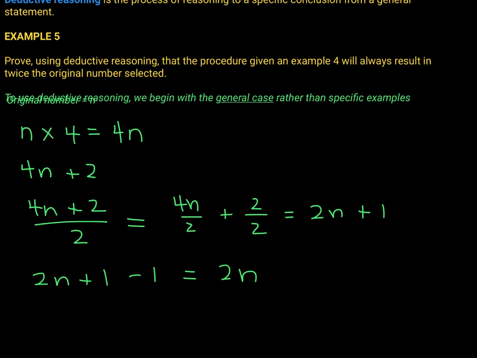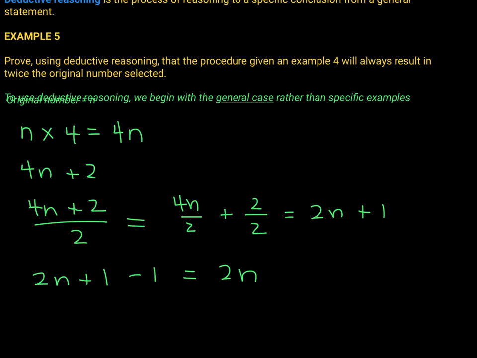So no matter what number you select, for this procedure, the result will always be 2n, or twice the original number selected. So because we started with n, the general case, that's what we began with, this is called deductive reasoning.